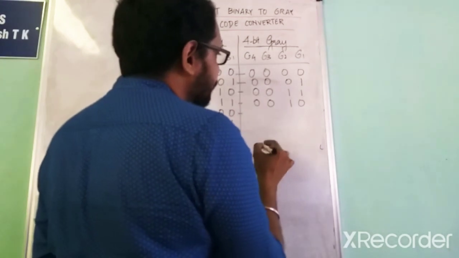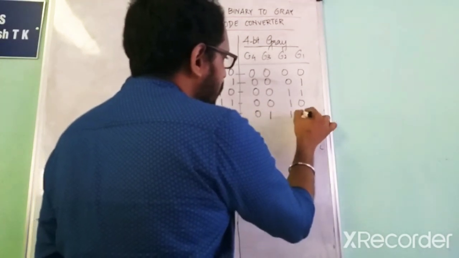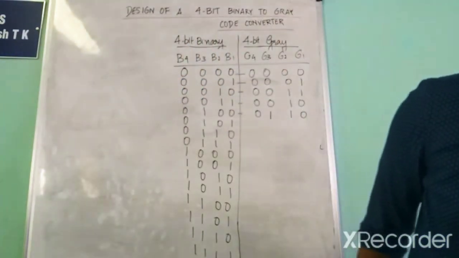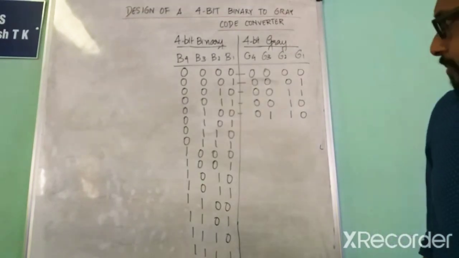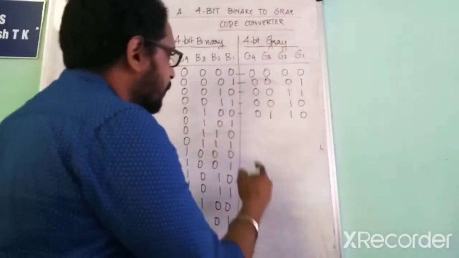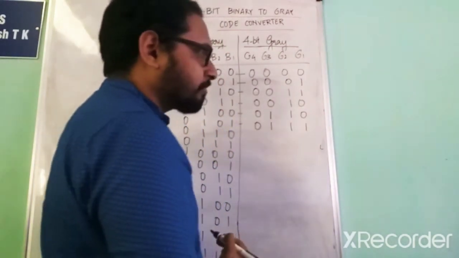Next is 0, 1, 1, 0. Let me check the answer: 0, 0, 1, 0, then 0, 1, 1, 0. Yes, correct. Now, which is the remaining one? 0, 1, 1, 1.